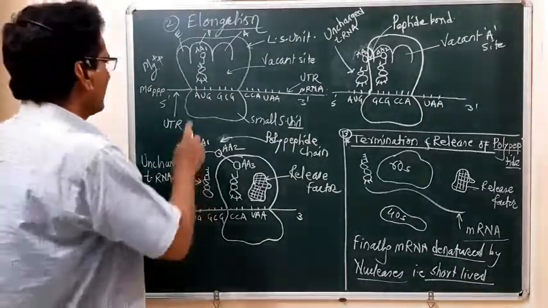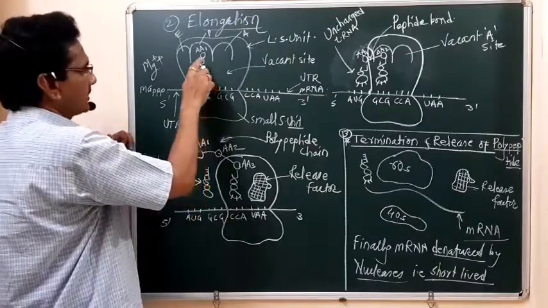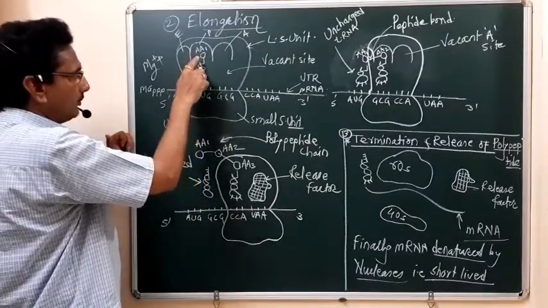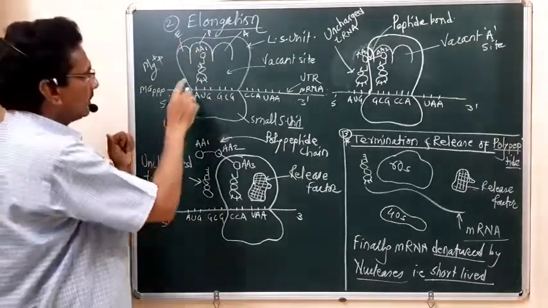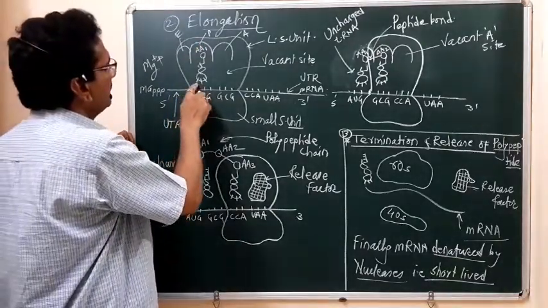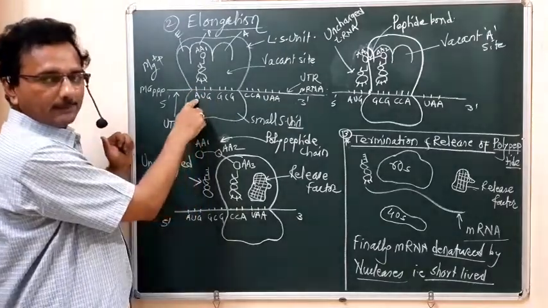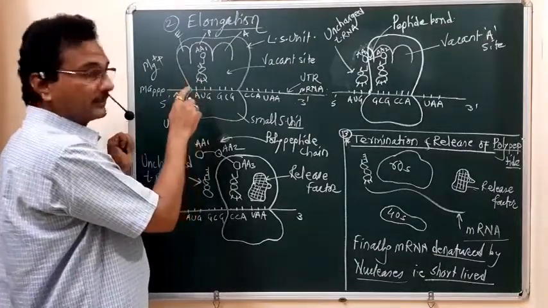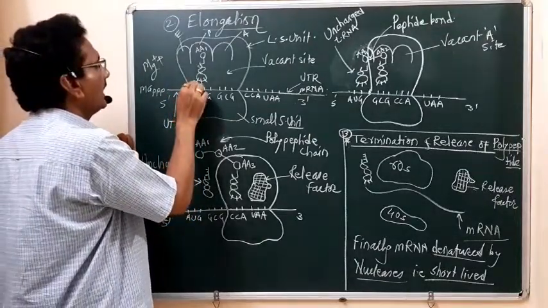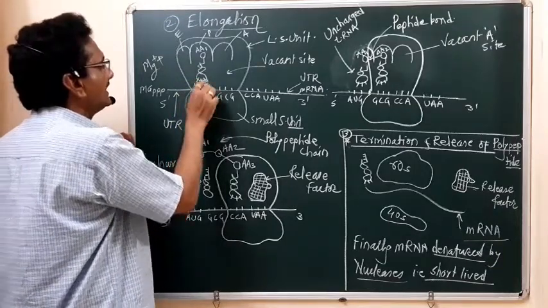Okay, so toward the first codon, the aminoacyl tRNA complex is received directly at the P site, and that complex forms complementary base pairing with the first codon of mRNA. In the sense, what will be the anticodon of that complex? Here it is A, here it is U, UA, and GC.